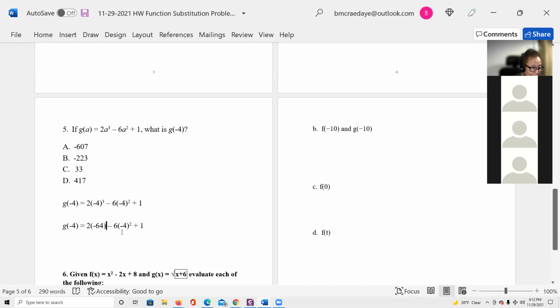Now, what about -4 to the second power? What is that, Latoya? Minus 16? -4 times -4? Oh no, 16. Not a minus. Minus times minus gives you plus. So that would be 16.